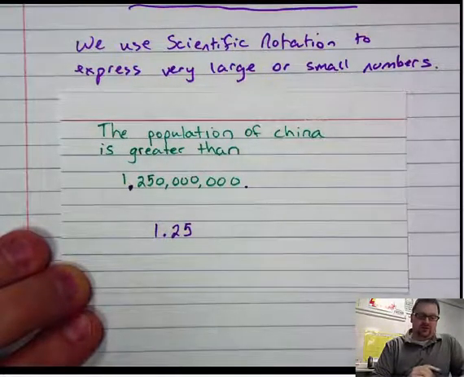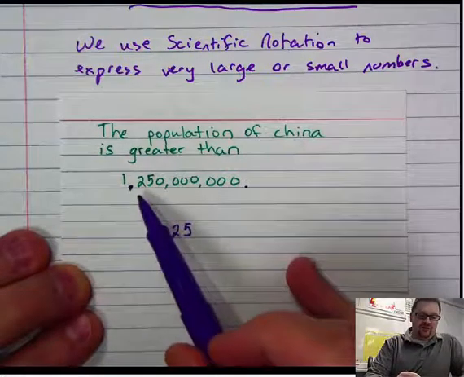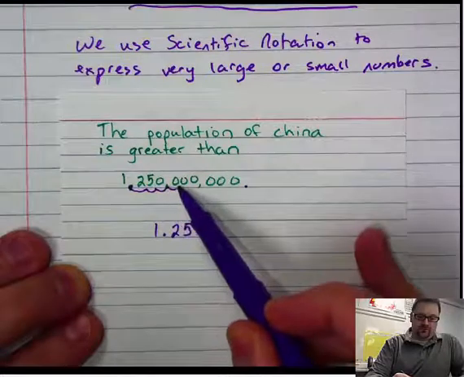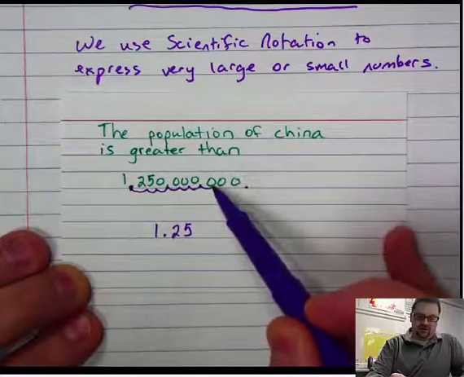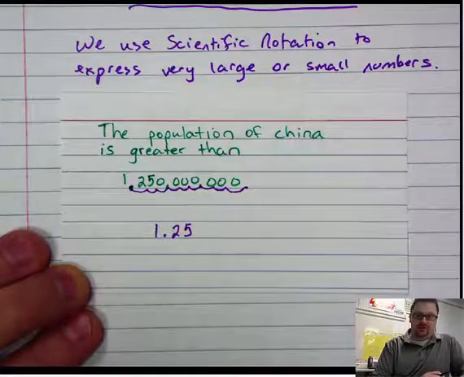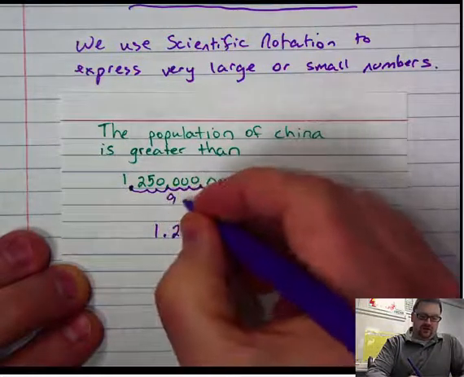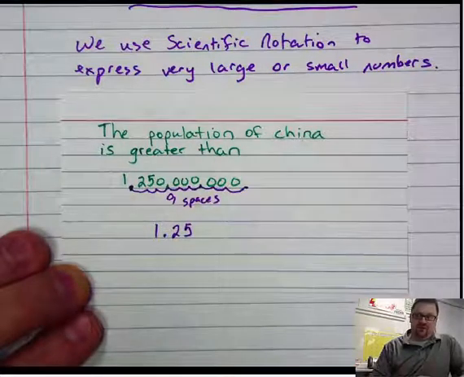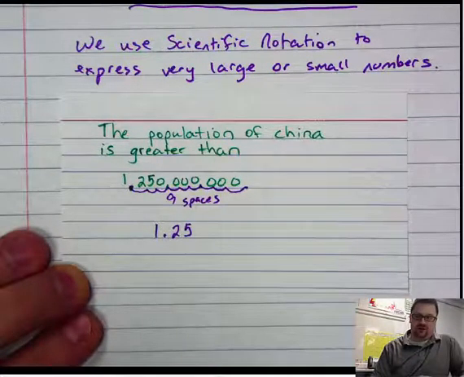But now what I really have to do is look at the idea that this decimal is 1, 2, 3, 4, 5, 6, 7, 8, 9 spaces away from where it originally belonged. Okay, so there's 9 spaces. And the way that I can actually move the decimal mathematically is to multiply by a power of 10.